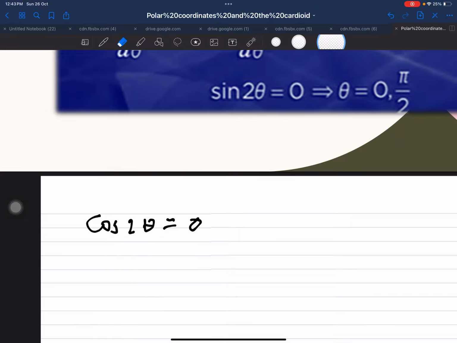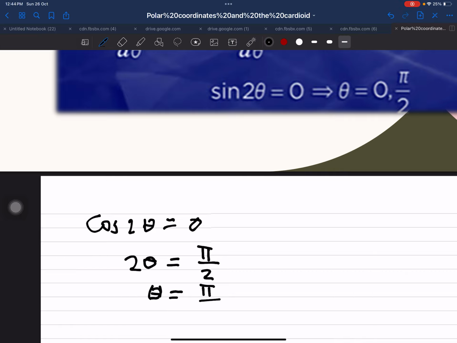Then 2 theta must be equal to pi over 2, which means that theta must be pi over 4. Where else is cosine 2 theta 0?